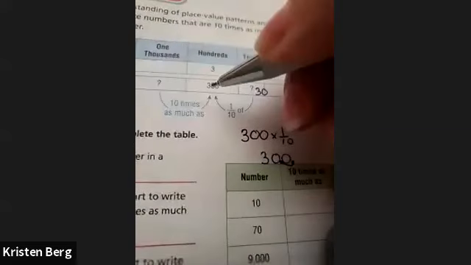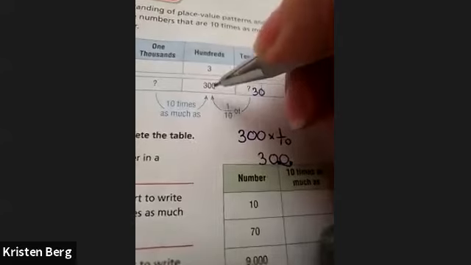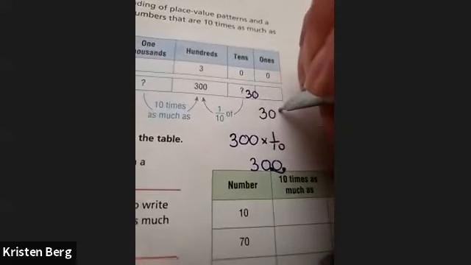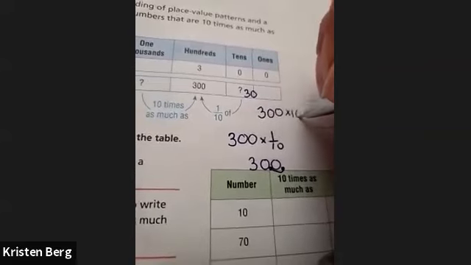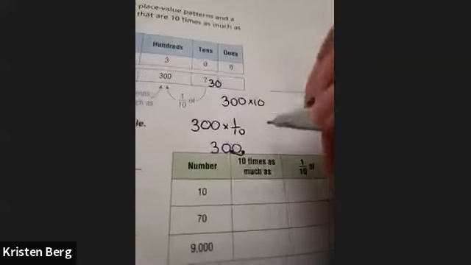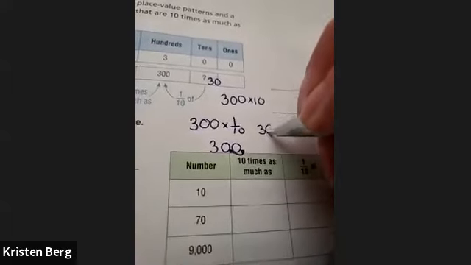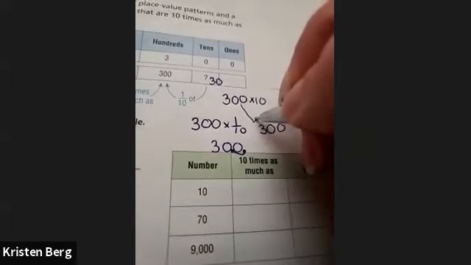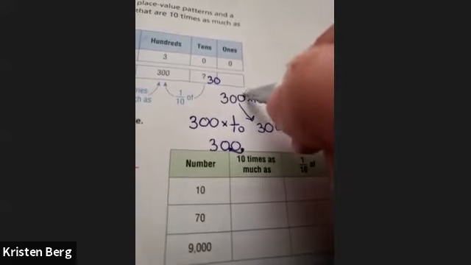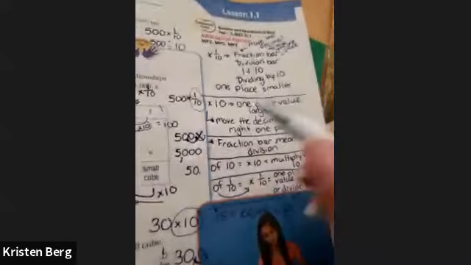Now this one's saying, what if you had 300 and you did 10 times as much? What would be your new number? So now I'm just going to do the opposite. And now I'm timesing it by 10, so I'm making it bigger by 1 place. So again, where do I start? I start at 300. Where is my decimal on 300? It is right here, and remember it says times 10. If you need to remember, always go back to your notes.